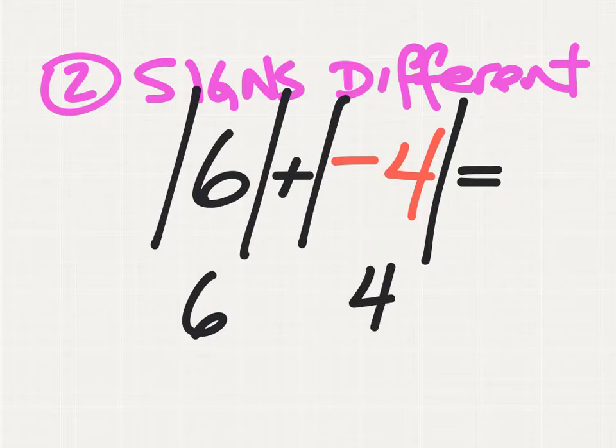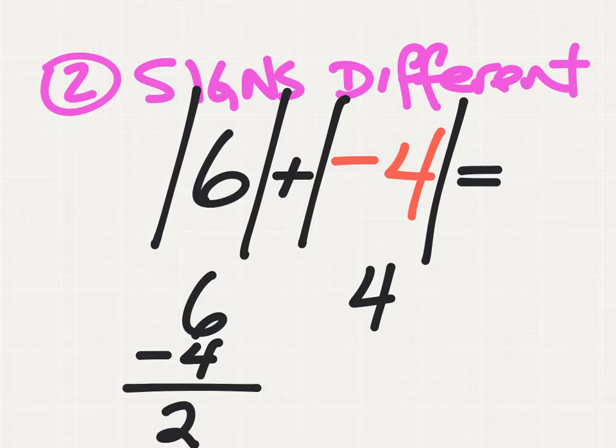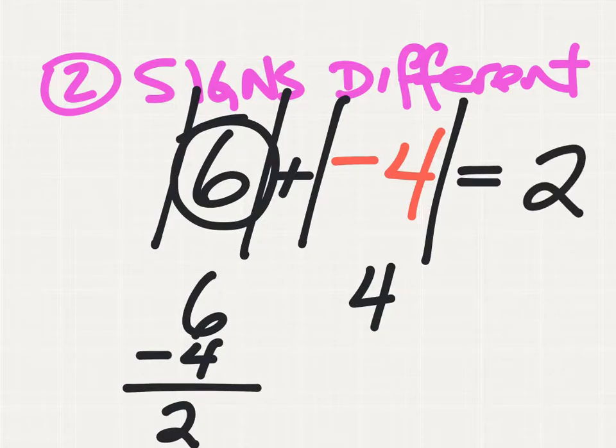Subtract the smaller from the larger, so 6 minus 4, once again, is 2. Take the sign from the number with the greater absolute value. So again, the number with the greater absolute value was 6, and it's positive. So my solution or sum is positive 2. 6 plus negative 4 equals 2.